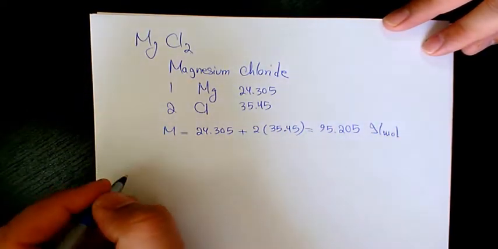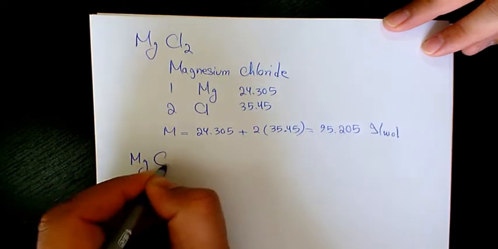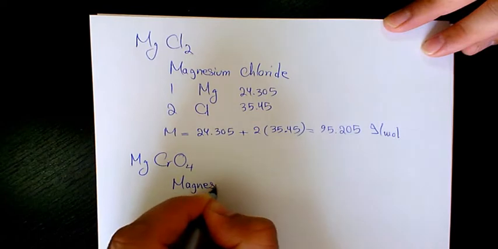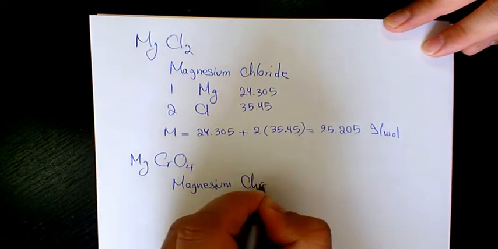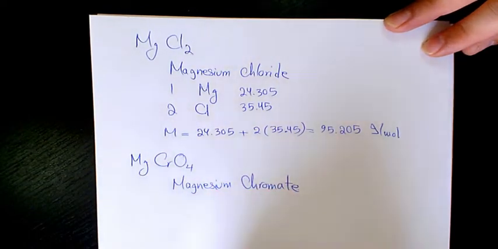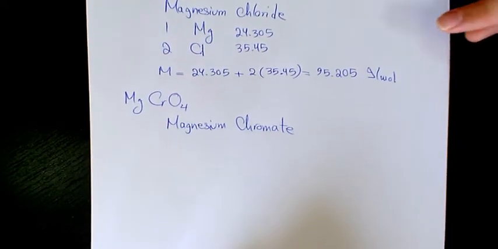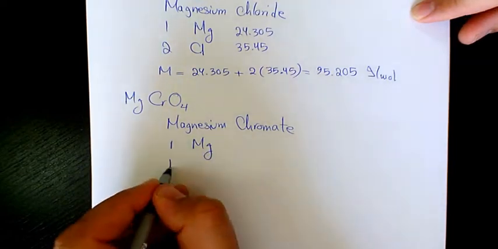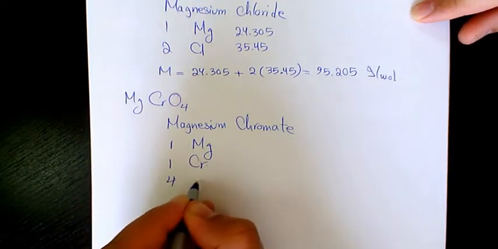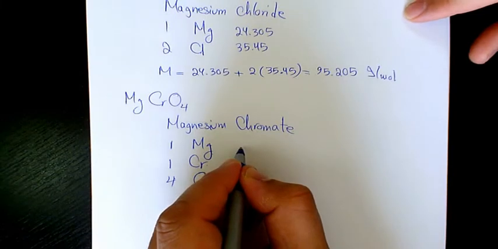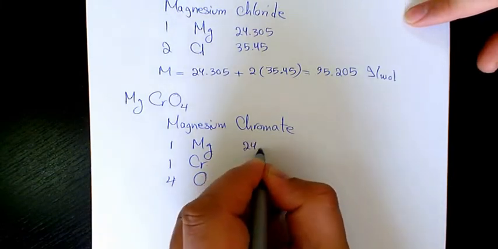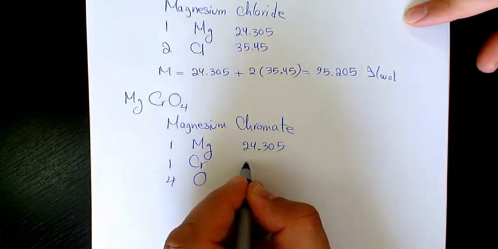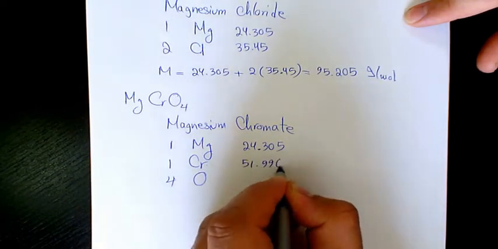Next one is MgCrO4, which we call Magnesium Chromate. Magnesium Chromate, we have one atom of magnesium, one atom of chromium, and 4 atoms of oxygen. The atomic mass of magnesium is 24.305. Chromium is 51.996.